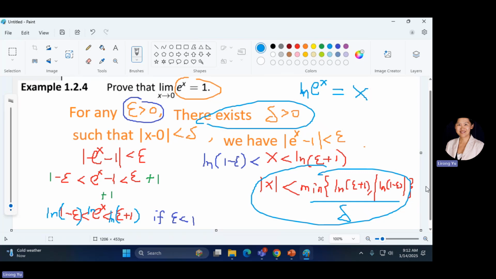Some people, when they write a paper, like to put this in the middle of the discussion, but I would prefer having the definition and explaining that when I say there exists, this is how I know it exists. So that will be proving the limit of e to the x equals 1 as x approaches 0. This can be done. You can see that e to the number 0, any number to the power 0, equals 1. And that's our exponential function example on the limit computation.